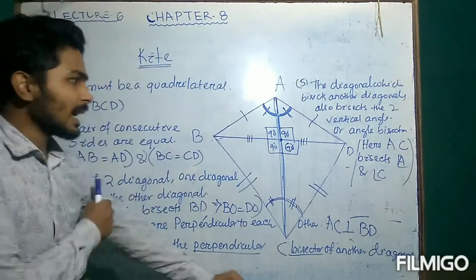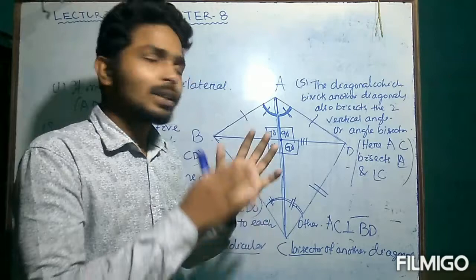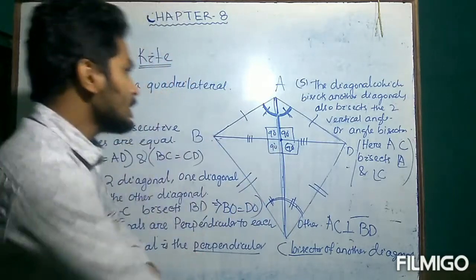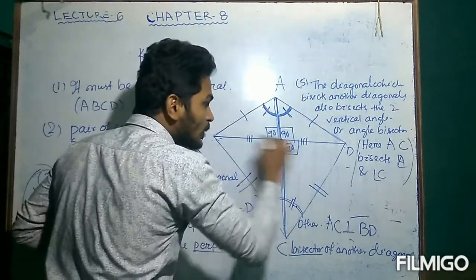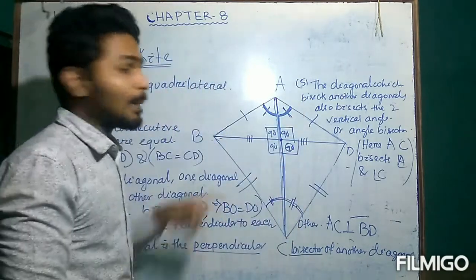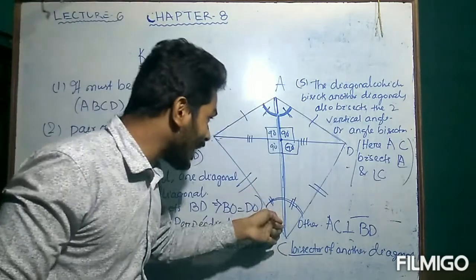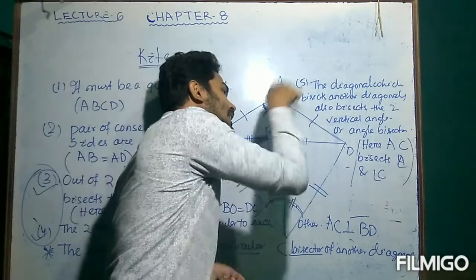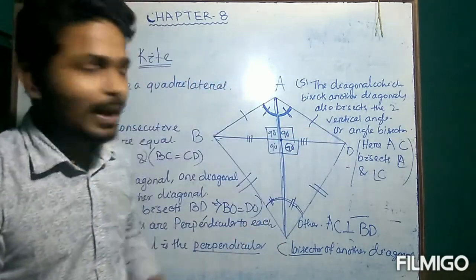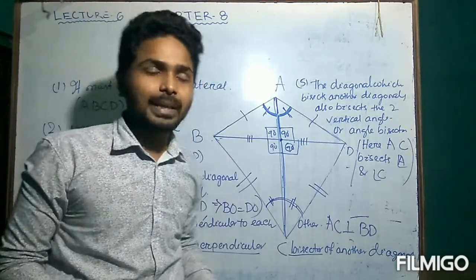The third and fourth properties are combined properties. You can write them combinedly or separately. The third property is that out of the two diagonals, one diagonal bisects the other diagonal. And the fourth property, that diagonal is also perpendicular to the other diagonal. That is why AC is known as the perpendicular bisector of BD.